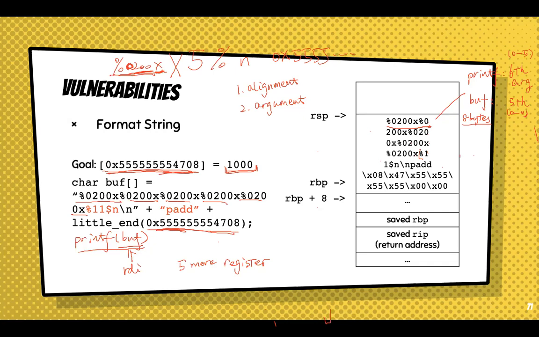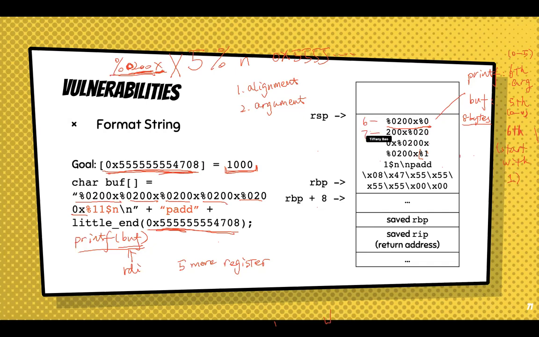So if you start with 1, then this is going to be the 6th argument. That's why this is the 6th argument for buff for the format string.